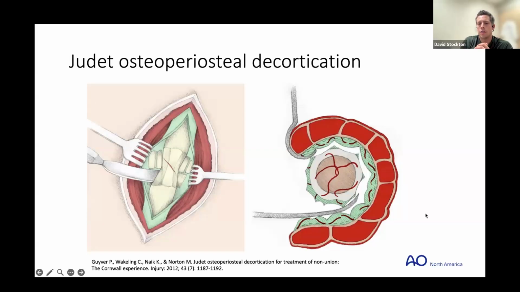And what that does is really promote a lot of osteoprogenitor cells and neovascularization to congregate around the non-union site. And this is in addition, I should mention, to addressing the mechanics of the non-union.